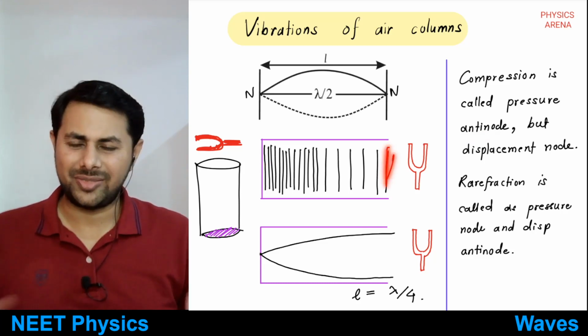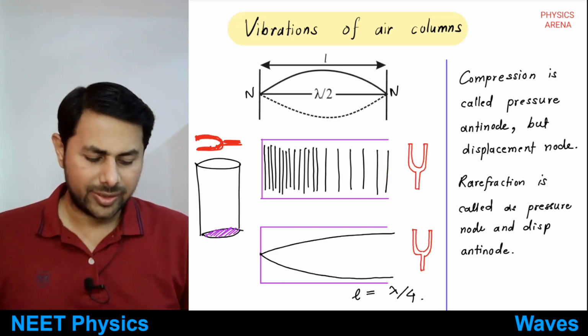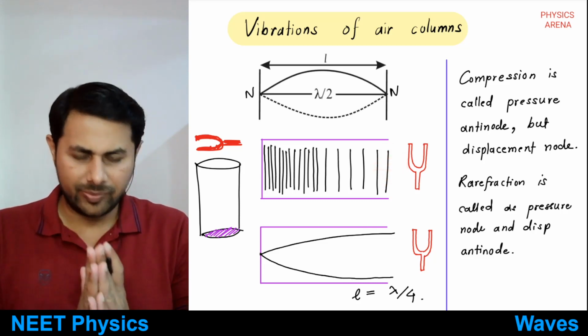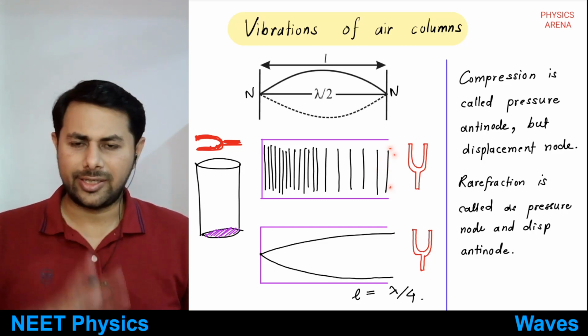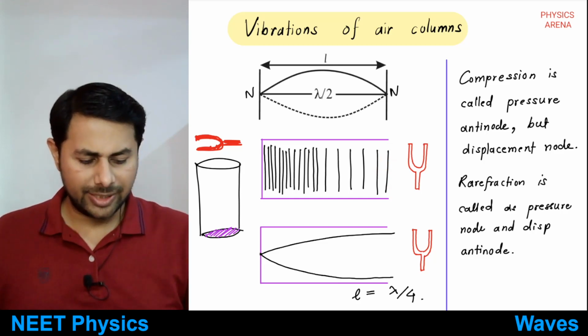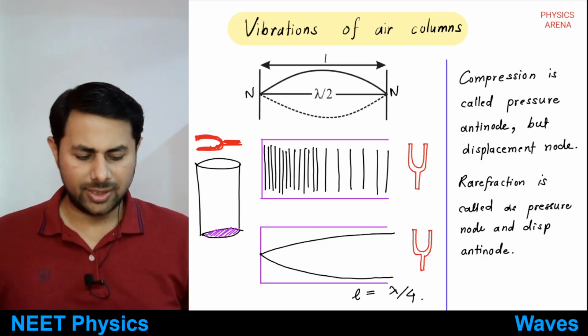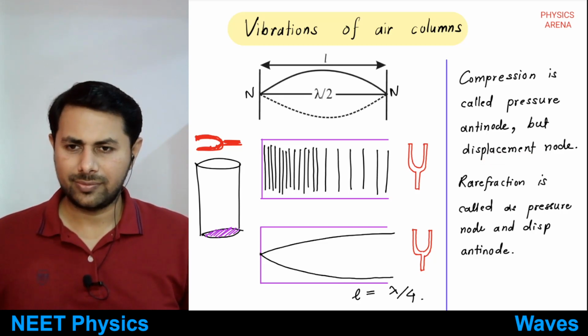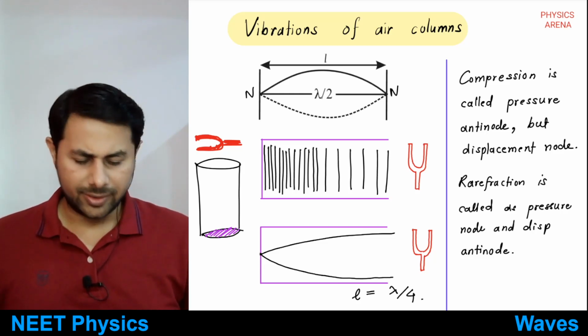Pressure here is very low, so it is a pressure node, but the particles are free to get displaced, and therefore it is a displacement antinode. Is this clear, everyone? Just a little definition.